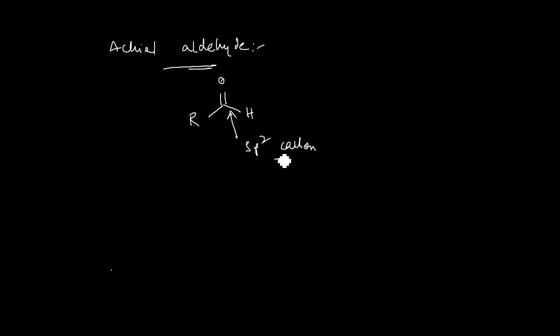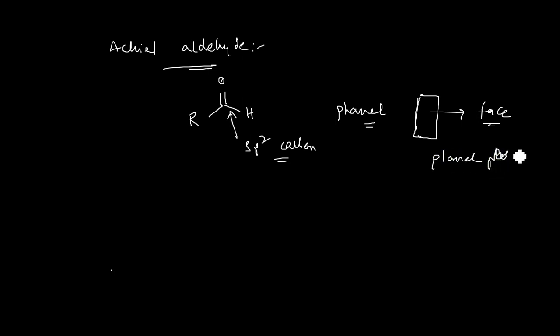Molecules containing sp2 carbon atoms are planar molecules, right? Consider this molecule as a plane. This is called a face. What is a face? It is a planar part of the molecule. So there are 2 different orientations you can observe here. One is the top face and the other is the bottom face.